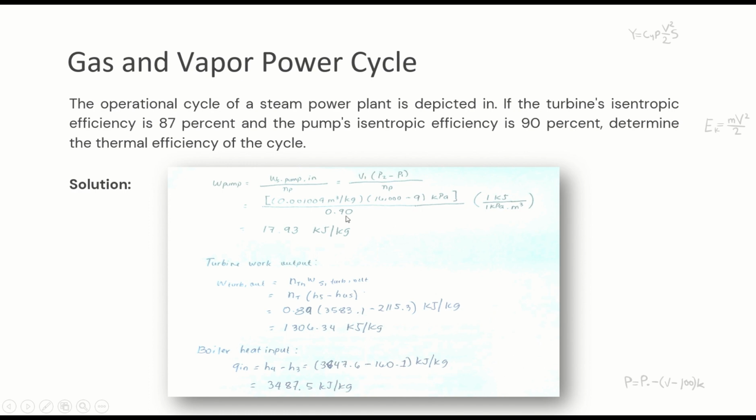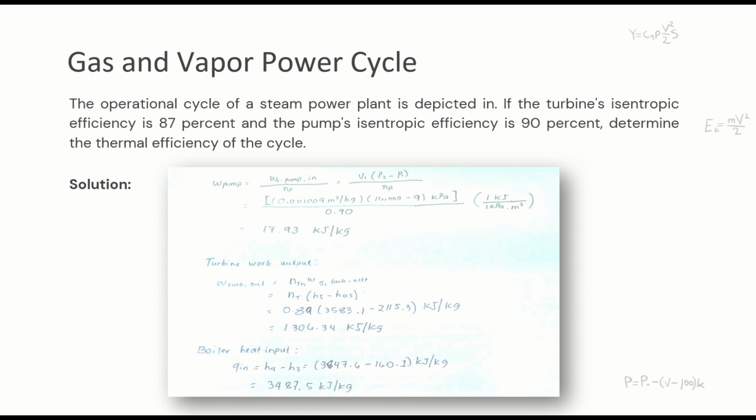Let us substitute the values. For work of pump in, we have 0.001009 cubic meter per kilogram for v1, times 16,000 minus 9 kilopascal, over η_P, which is 0.90 or 90%.